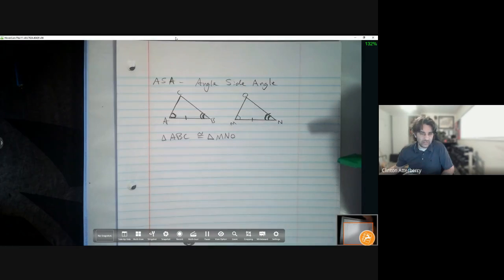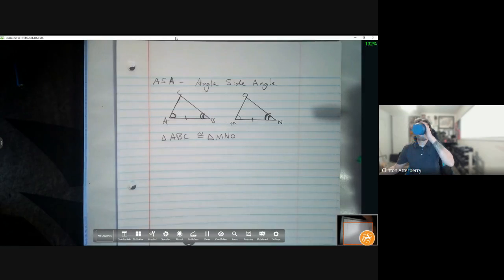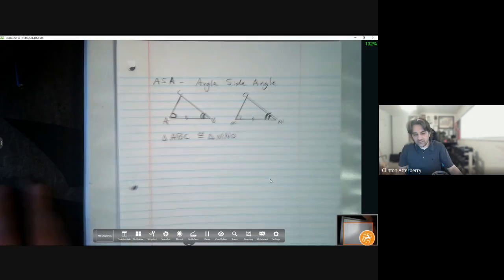One of the purposes that we do this a lot of times is to find missing information about one of the triangles. And the reason why the other pieces are the same is because corresponding parts of congruent triangles are congruent.